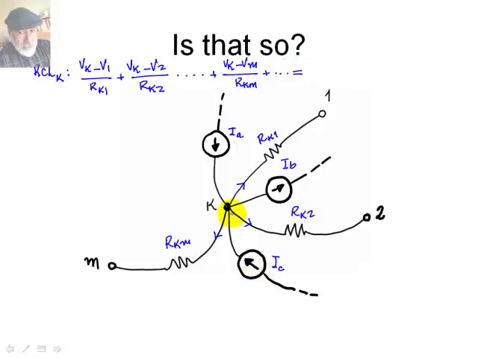Currents entering the node from sources is Ia minus Ib plus Ic. Observe that the coefficients of the host voltage Vk are not only positive, but are also the sum of all the conductances connected to the node, as we had predicted.